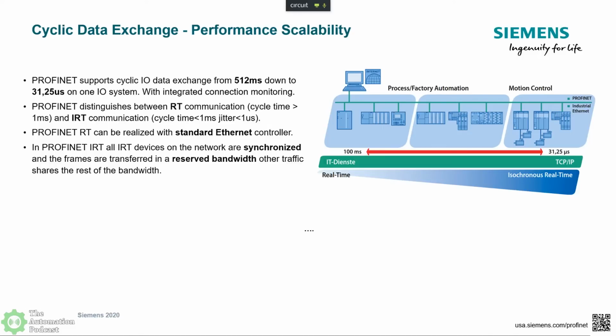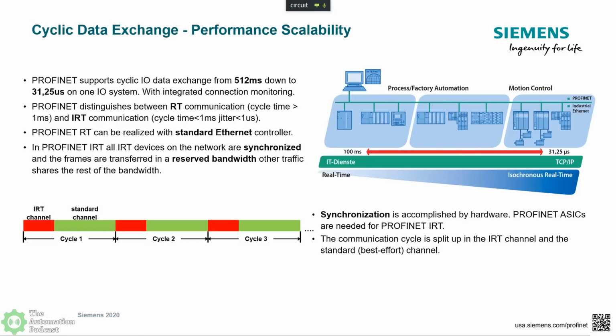That is because we need synchronization. Each node has to be synchronized within the network, and here we need hardware support for that. As I said before, synchronization is accomplished by hardware, and specific ASICs are needed for PROFINET IRT.